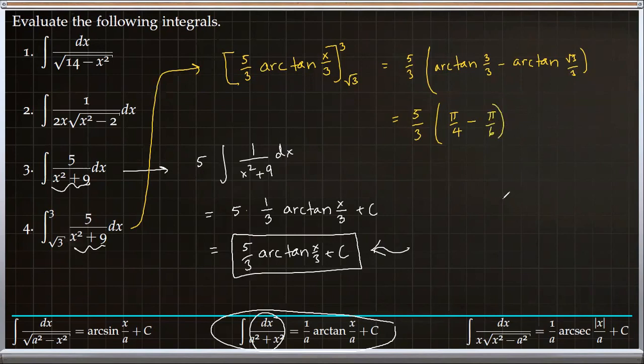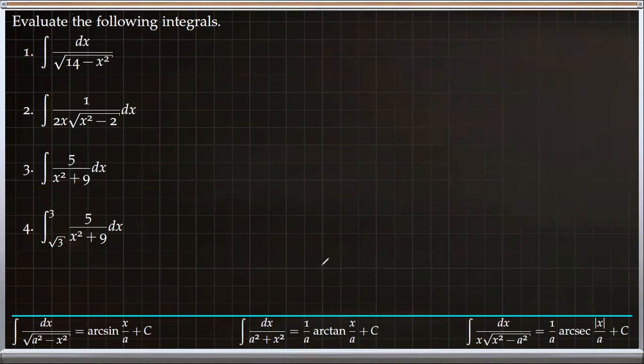So we get pi/4 minus pi/6 over here. And I can simplify that. pi/4 is 3pi/12 and pi/6 is 2pi/12. So we get pi/12. So this comes out to be 5pi/12. So this is the value of the fourth integral. Next, we will look at a few more examples.